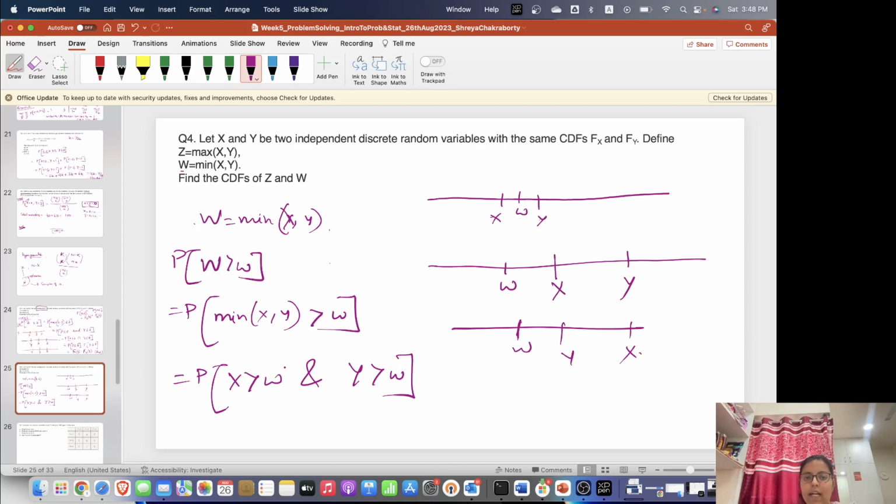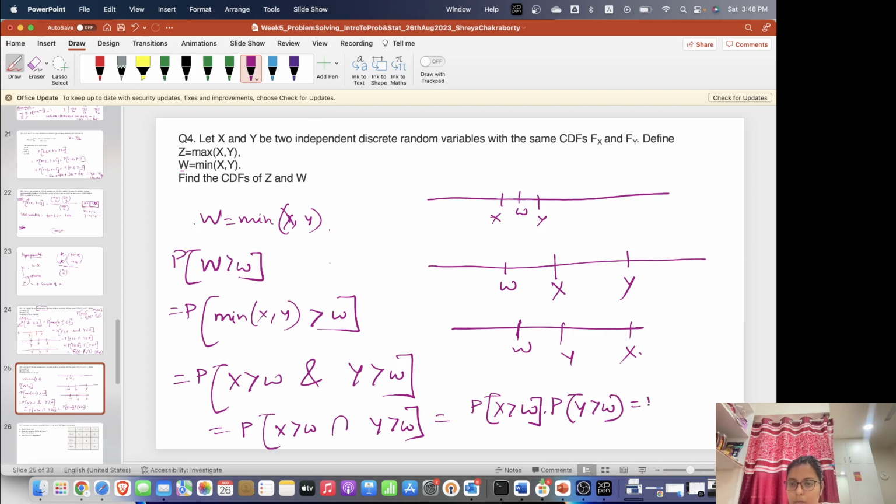Similarly, we have X greater than w intersection Y greater than w. So this will be the probability X greater than w times the probability Y greater than w, which we can write as 1 minus the probability X less than or equal to w, times 1 minus the probability Y less than or equal to w.